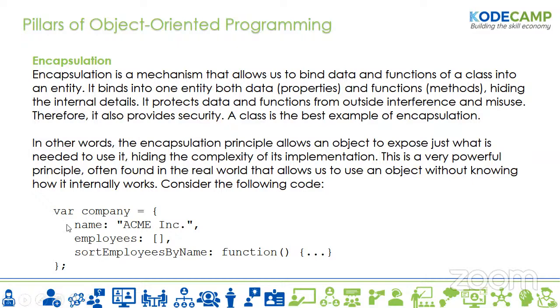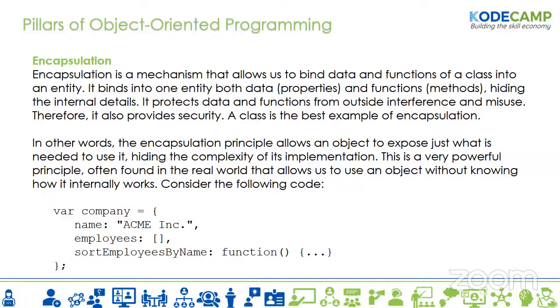We have here a company, and the company has a name, Acme Incorporated. It has employees, and here it has a method. Now, this method here, sort employees by name, is a function. Okay, so this method is going to sort the employees by name.